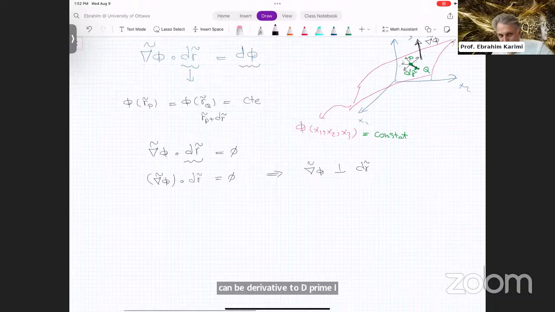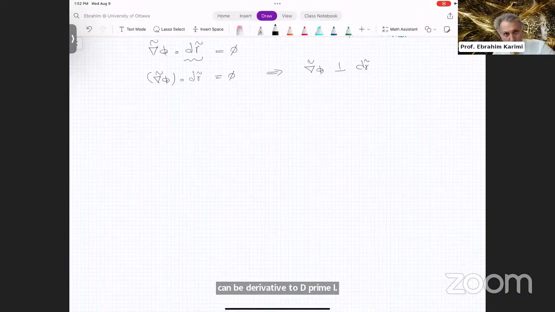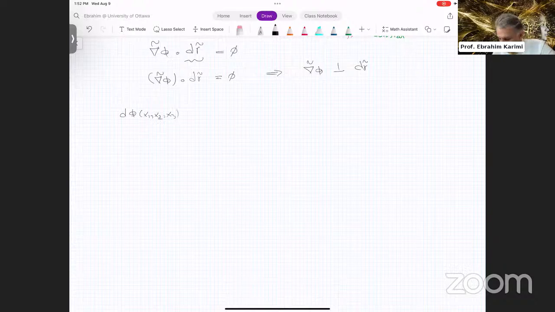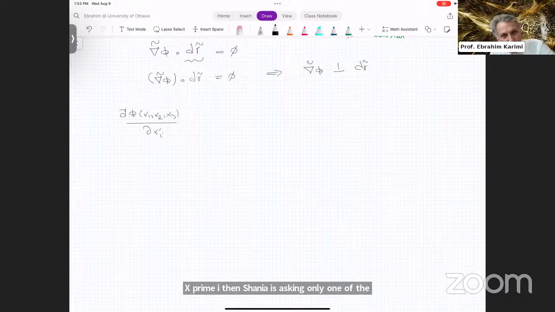Oh, I have to write it down, to be honest with you. So let me see. Your question is that, assuming I have d of phi of x1, x2, and x3, and d, I assume, is a partial derivative, of x prime i. Then you are asking whether only one of the x couldn't be derived with respect to x prime i.